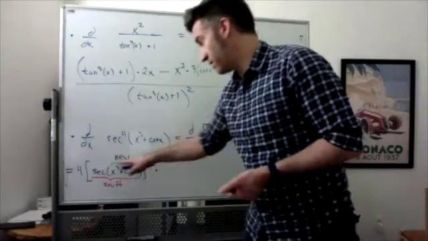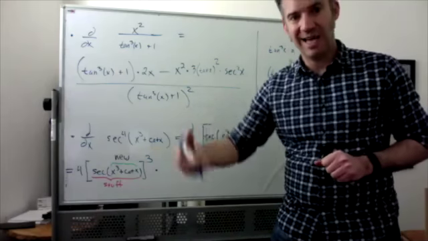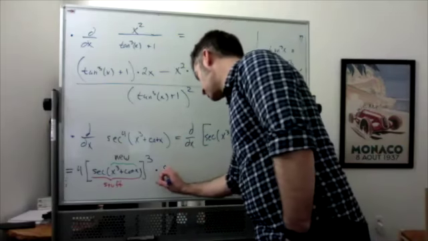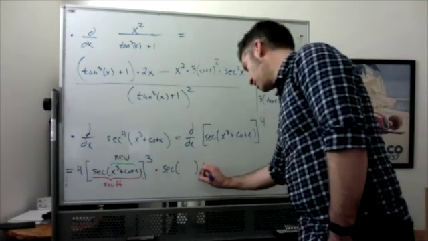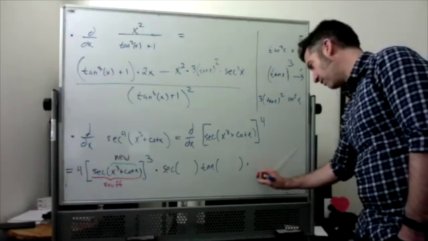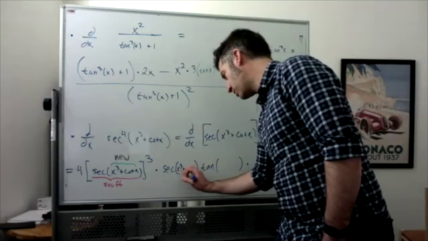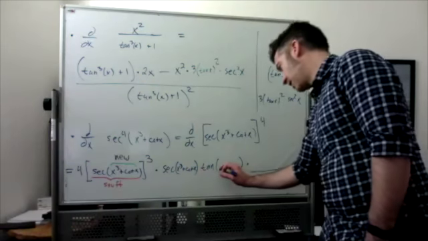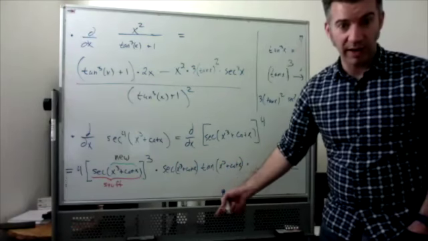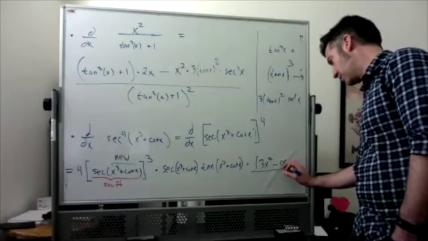The derivative of secant of some new stuff is secant of the new stuff times tangent of the new stuff times the derivative of the new stuff. So it's going to be secant of x cubed plus cotangent x times tangent of x cubed plus cotangent x times the derivative of x cubed plus cotangent of x, which is 3x squared minus cosecant squared x.